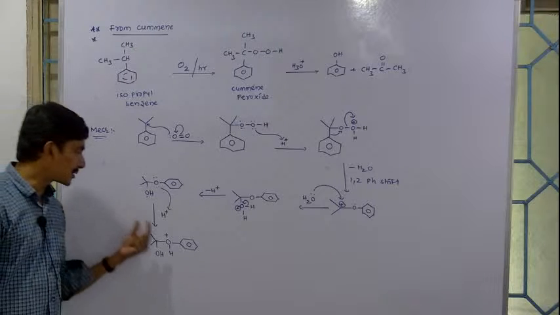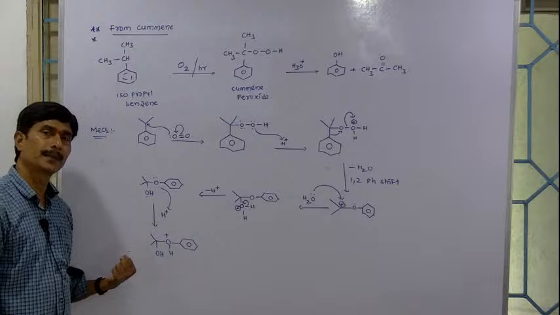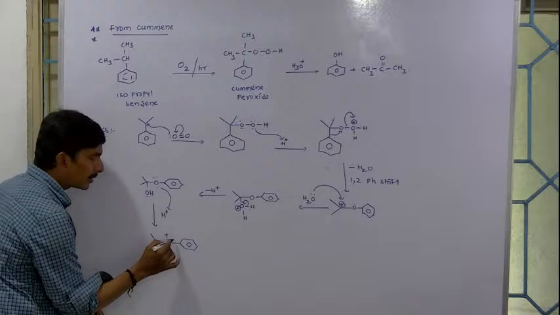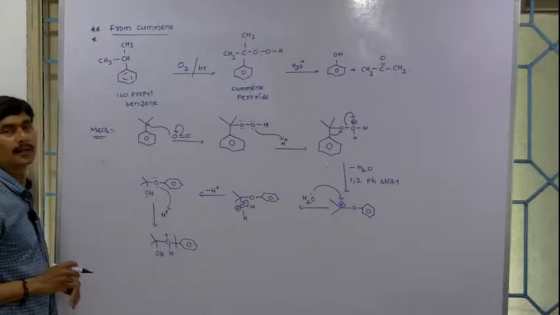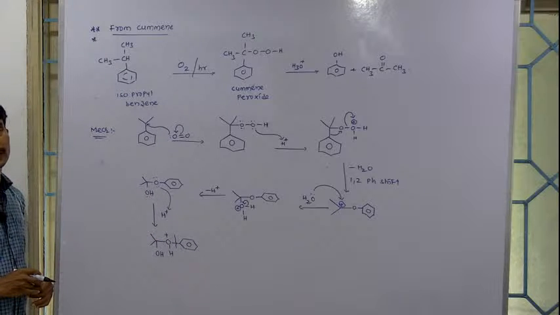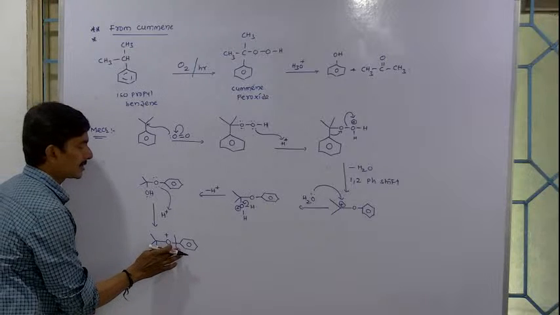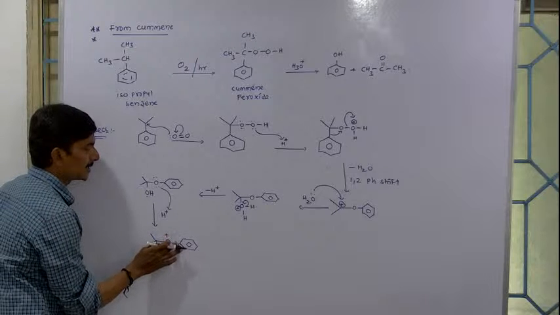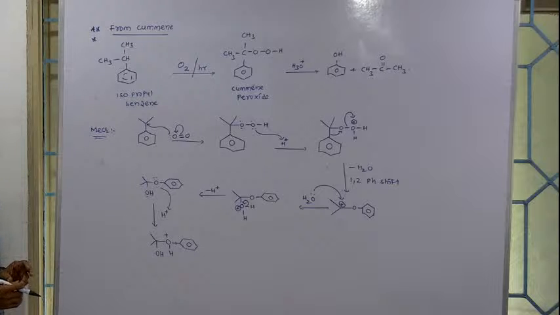Now there is a possibility of bond cleavage on two sides. If the bond cleavage takes place from this side, it forms a phenyl carbocation. Phenyl carbocation is highly unstable. So the cleavage of the bond towards the right-hand side is not possible because it forms the unstable phenyl carbocation.